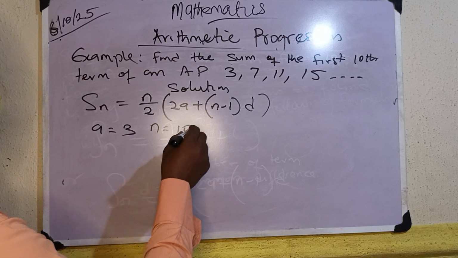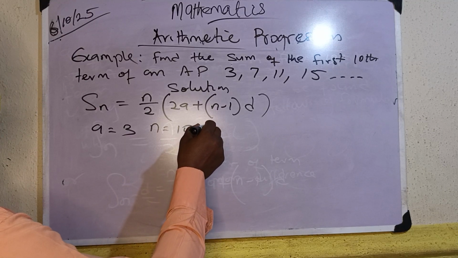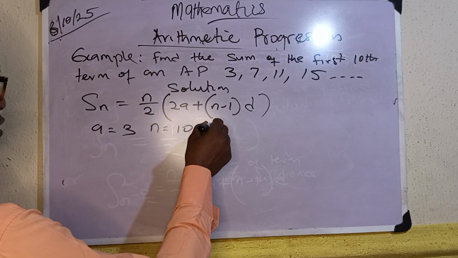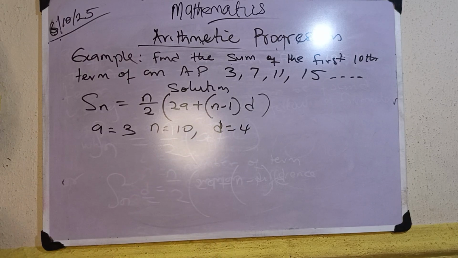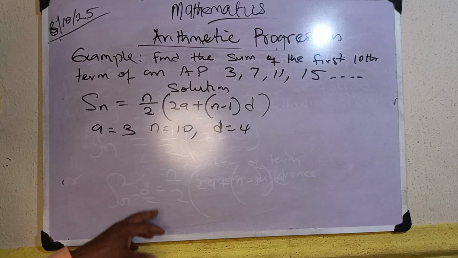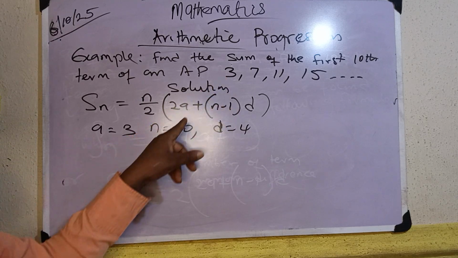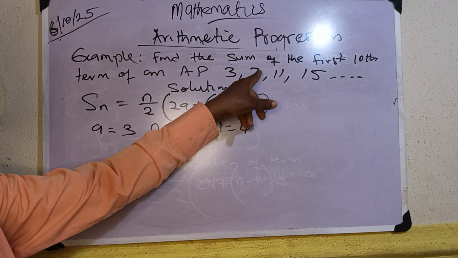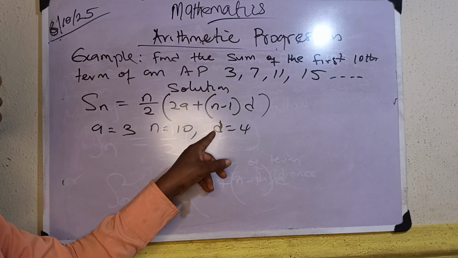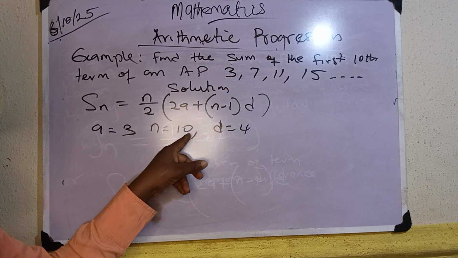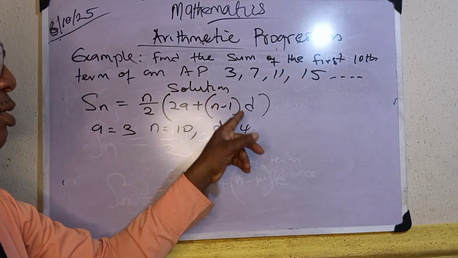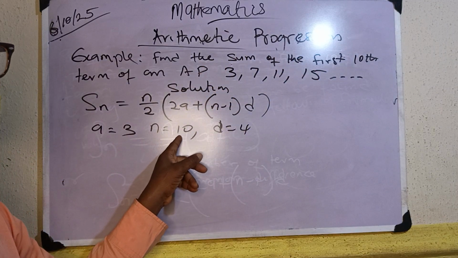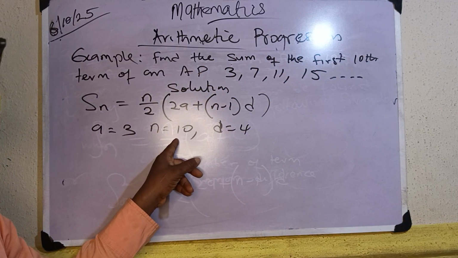Our common difference is 4. In case you don't understand how we got it, to get the common difference is 7 minus 3, we have 4. The 10 is what we are asked to look for. They say the first 10 terms of our AP. Hope you understand.